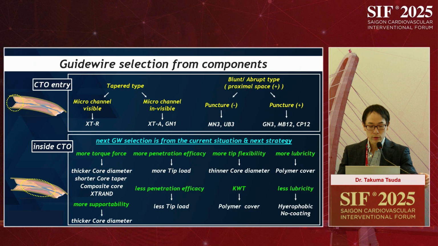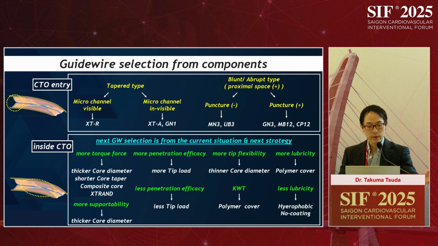If the CTO entry is a tapered type, the microchannel is present or absent, so I have to choose the proper guide wire as the first antegrade wire. But in terms of blunt type or abrupt type, the proximal space, yes or no, it depends on every situation. But in terms of CTO morphology, the first guide wire should be selected.